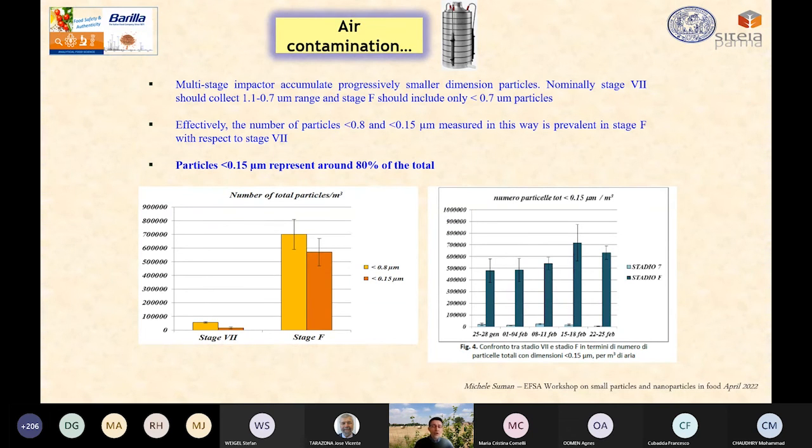We can also say that the particles of smaller dimension, lower than 150 nanometers, represent practically around 80% of the total that were accumulated and counted through the different stages of the impactor.